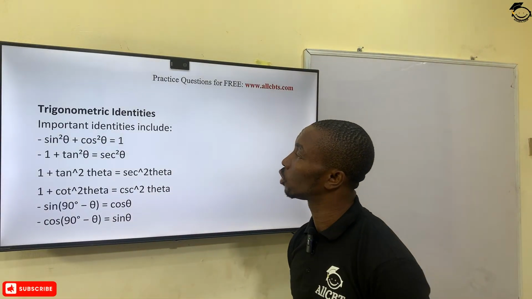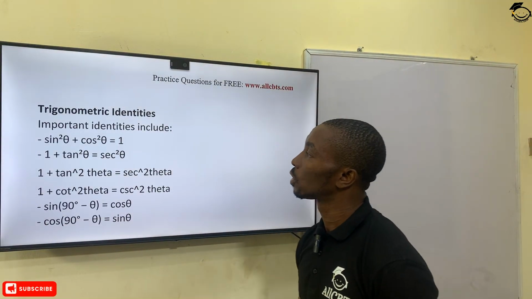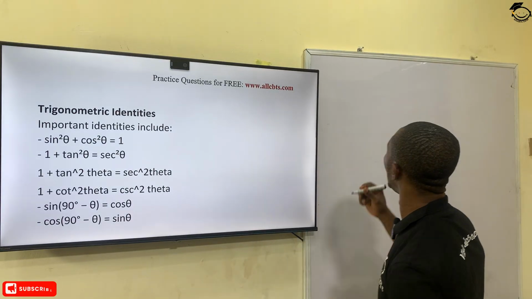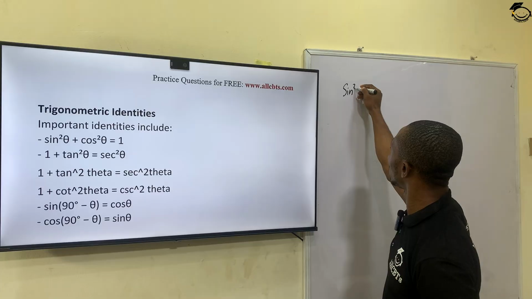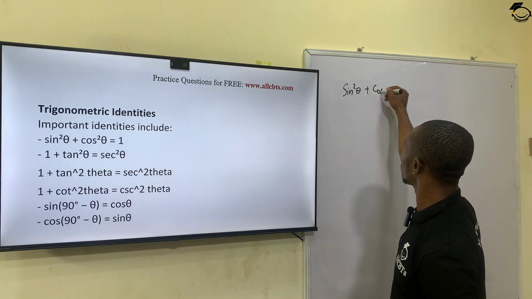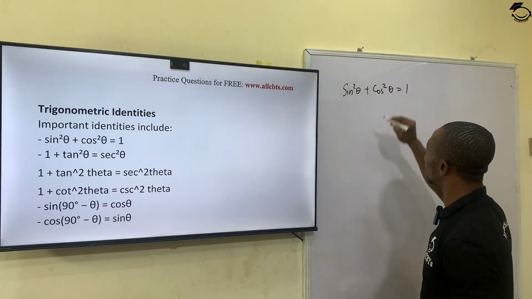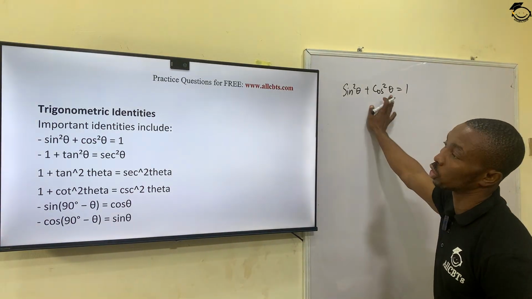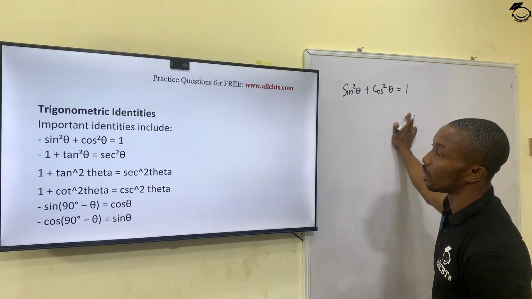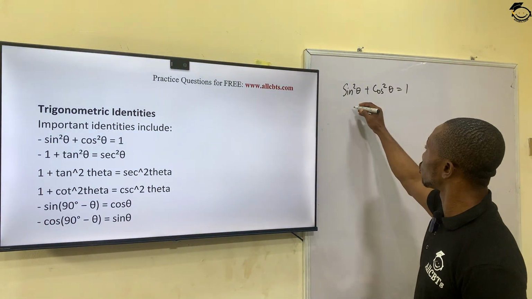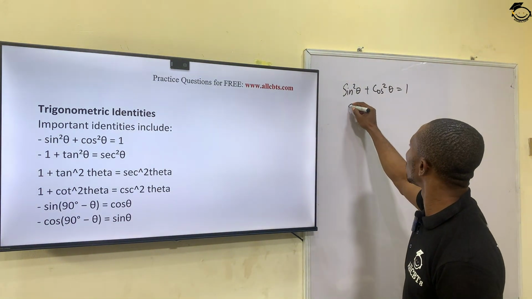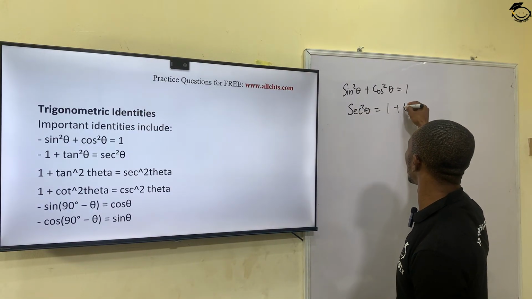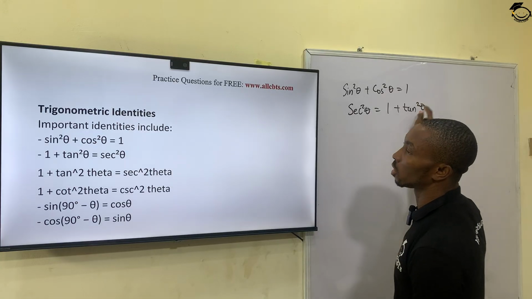Now, looking at our trigonometrical identities, some important identities to always remember include your sine squared theta plus cos squared theta equals 1. Now, you need to always remember that your sine squared theta plus cos squared theta equals 1. And also that your sec squared theta equals 1 plus tan squared theta.